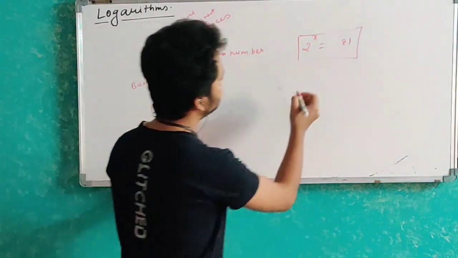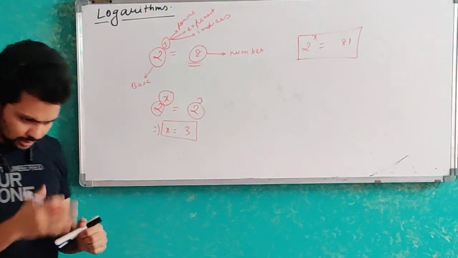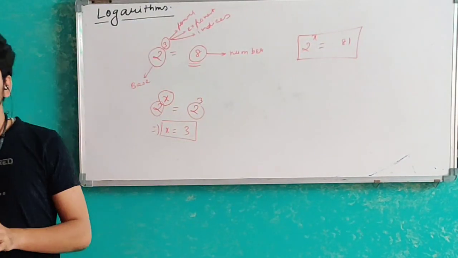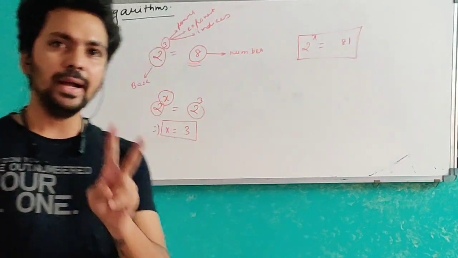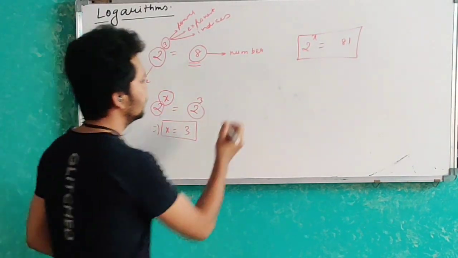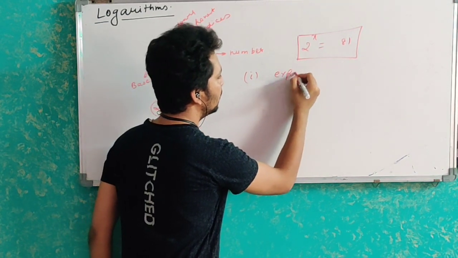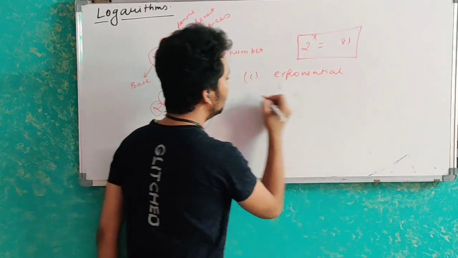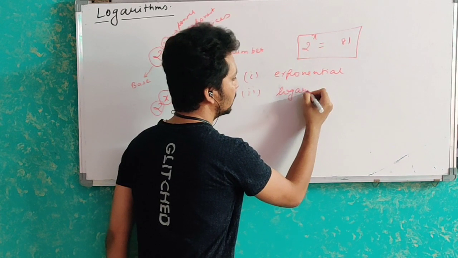So see, first of all, any positive number can be represented in two ways. One is exponential, and second is logarithmic.